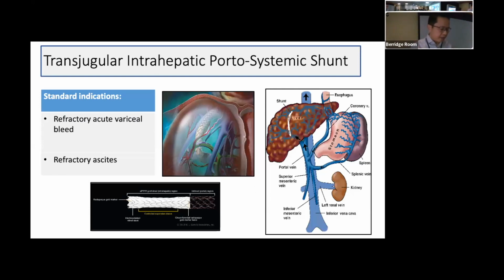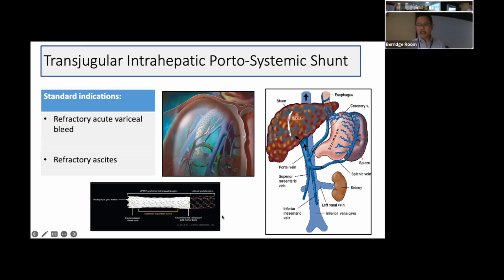Before I go through the actual procedure, let me give you a basic introduction to TIPS so that you understand what we do. The transjugular intrahepatic portosystemic shunt essentially means you gain access via the jugular vein, usually the right side, through the SVC into the heart, into the IVC, and then you select the hepatic vein and try to connect it with a branch of the, preferably right, portal vein.